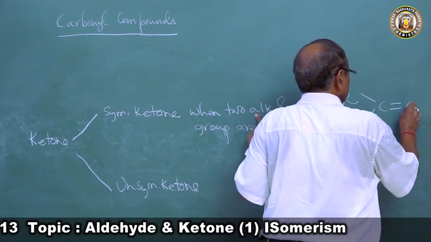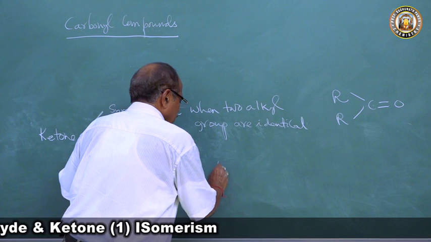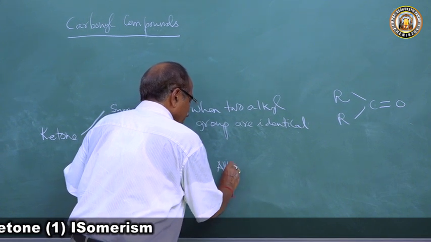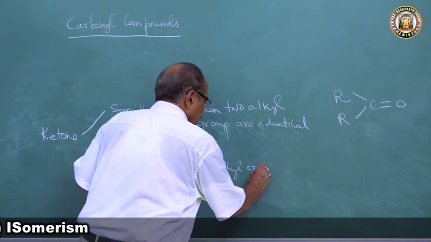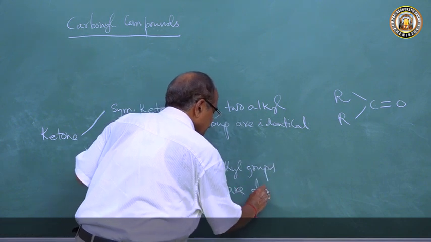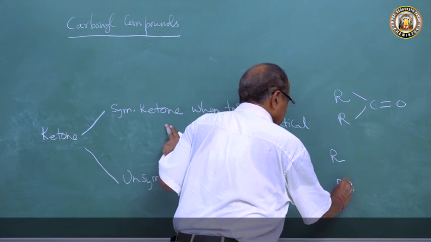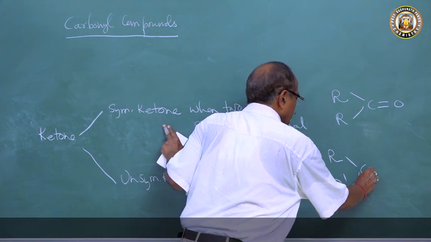And when the alkyl groups are different, we get an unsymmetrical ketone.